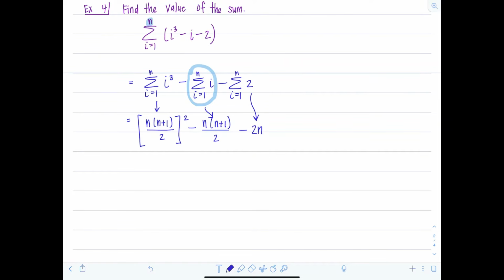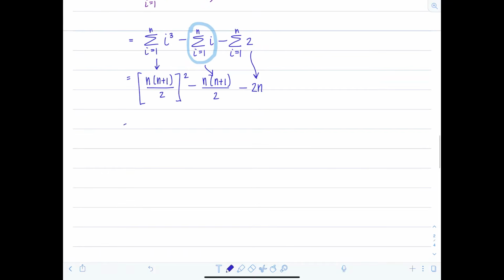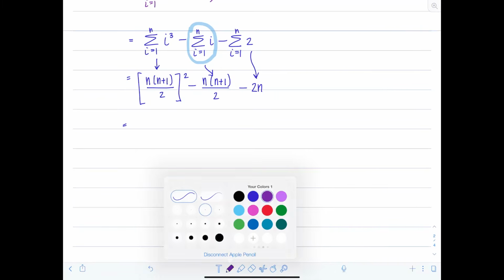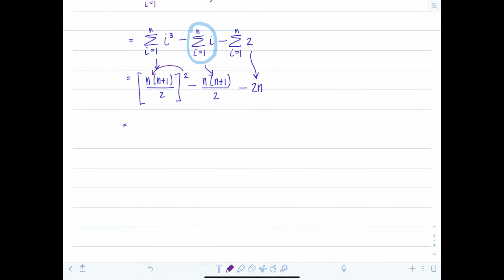Okay, now it's up to me to clean things up a little bit. So let's see, what can I do? Well, I can distribute this exponent inside, and down here too, don't forget about that. So we'll have n squared times n plus 1 squared over 4.